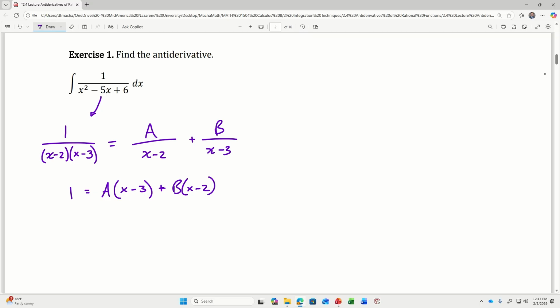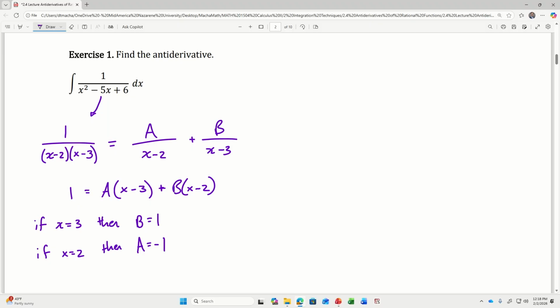And then we like to use that Heaviside method where we say if x is equal to 3, then b is equal to 1. And if x is equal to 2, then a is equal to what? -1.